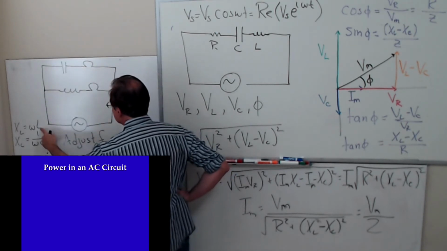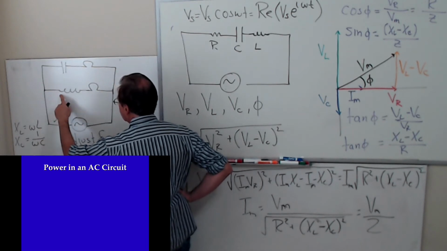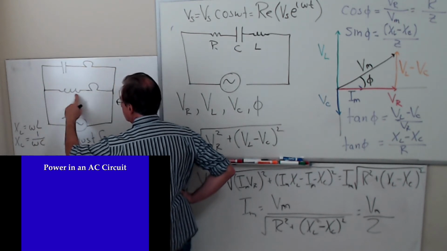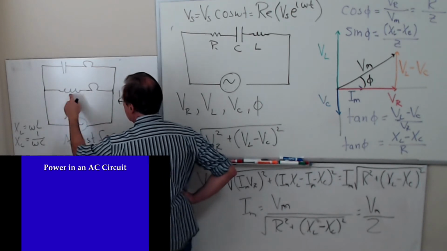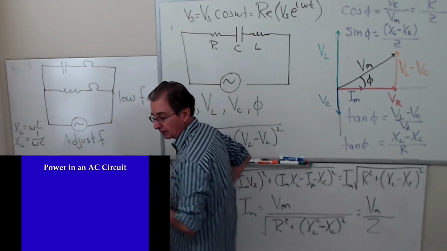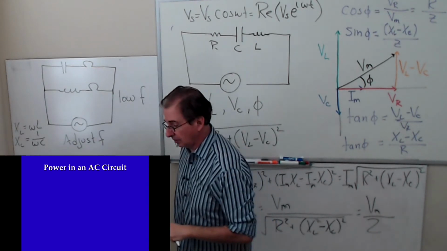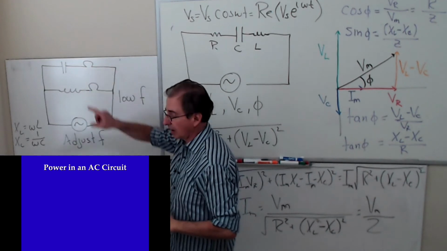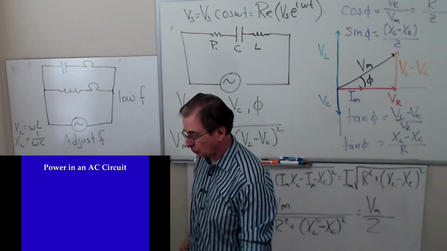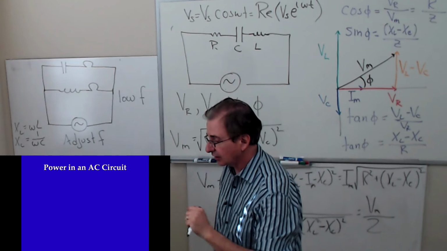At low frequencies, this is very small compared to this. So you're going to have current through here, and all the voltage drop will be across the bulb. And so this bulb will go on, this one will be off. So what happens as I increase the frequency?